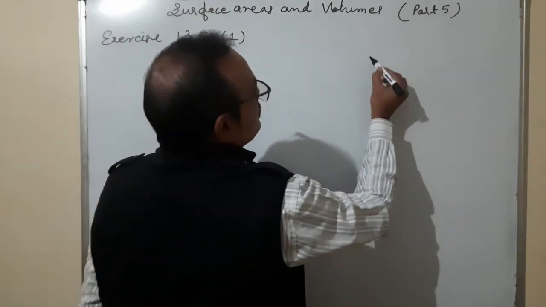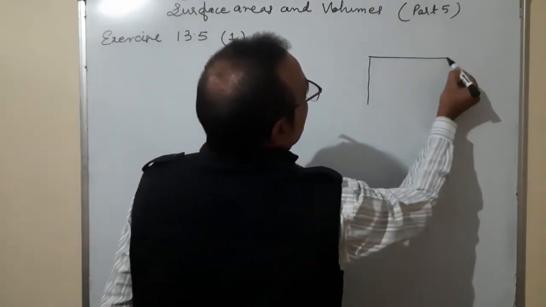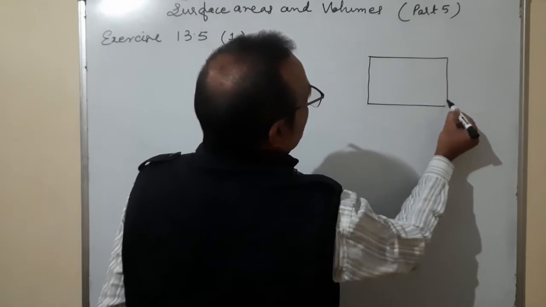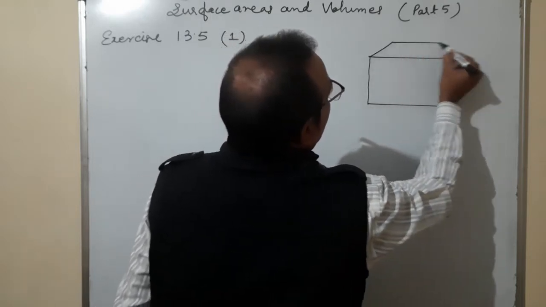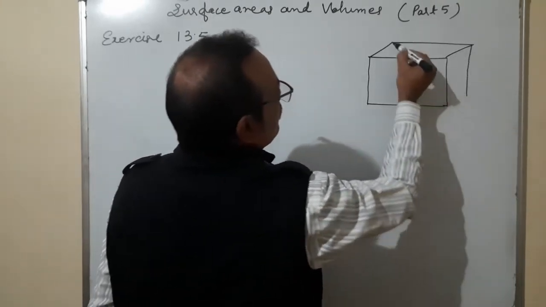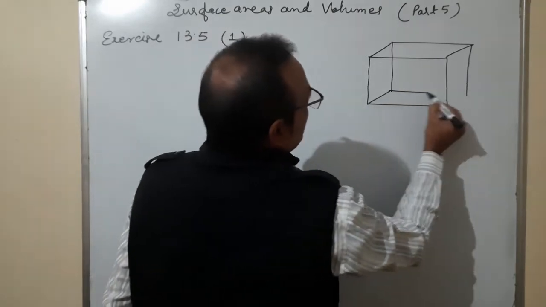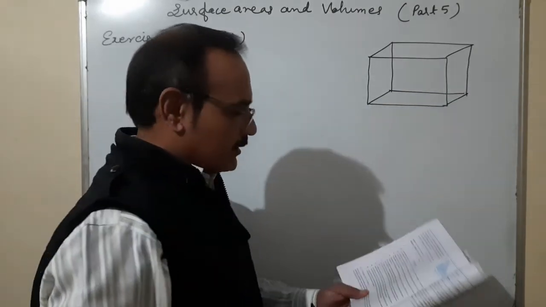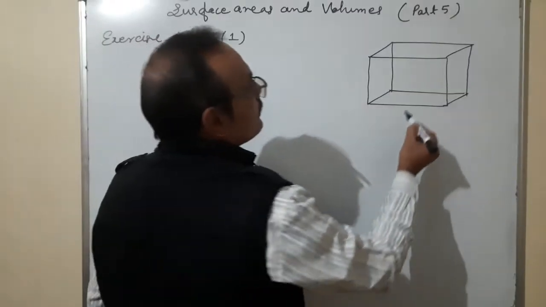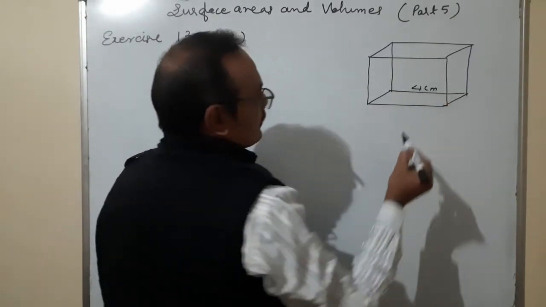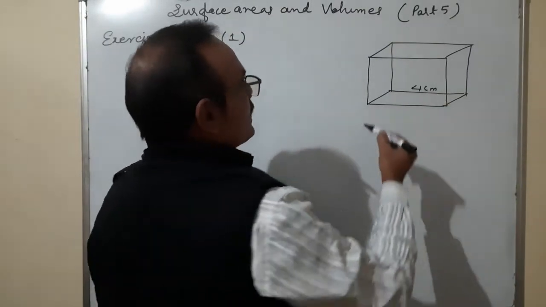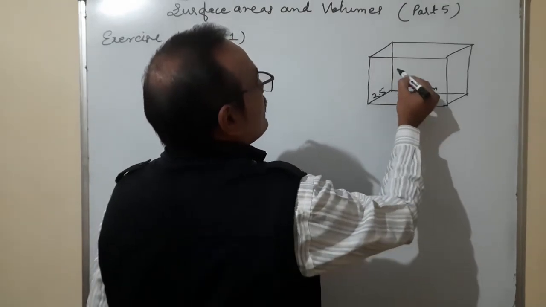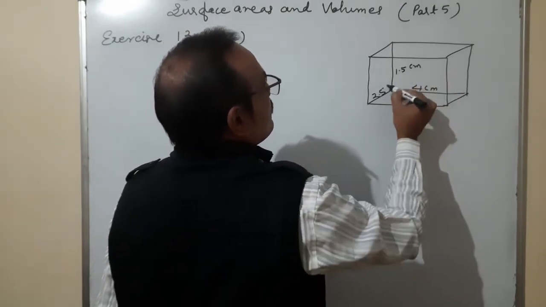It's a matchbox. What are the dimensions of it? Dimensions: 4 centimeter, second is 2.5 centimeter, and 1.5. All in the form of centimeter.